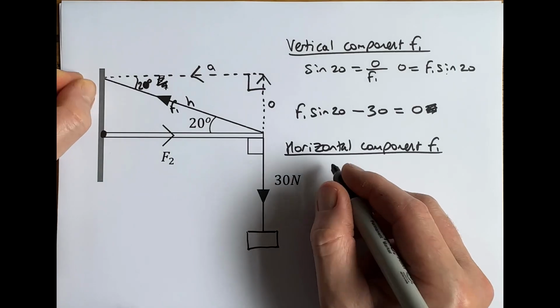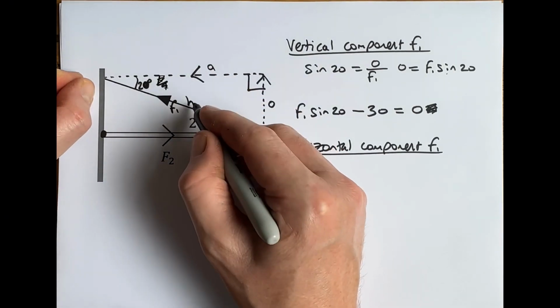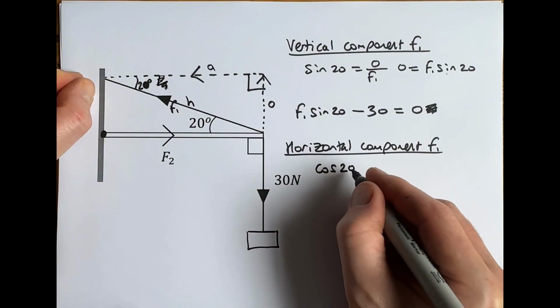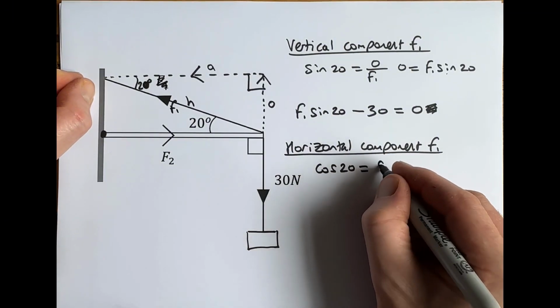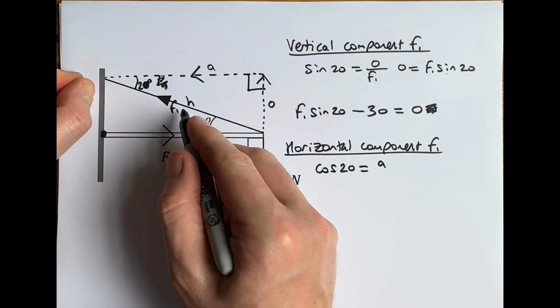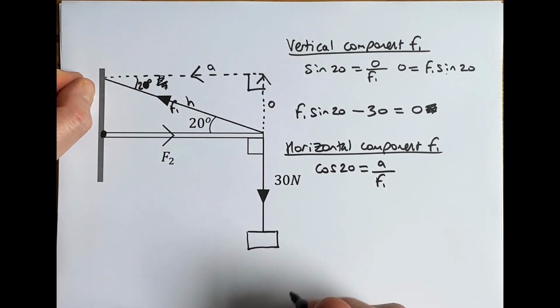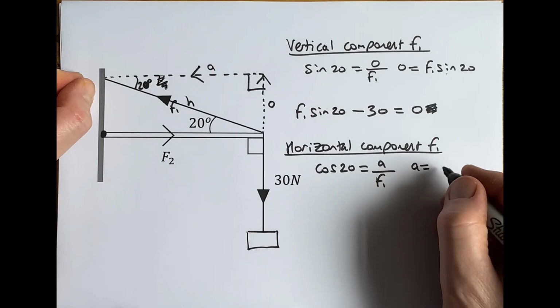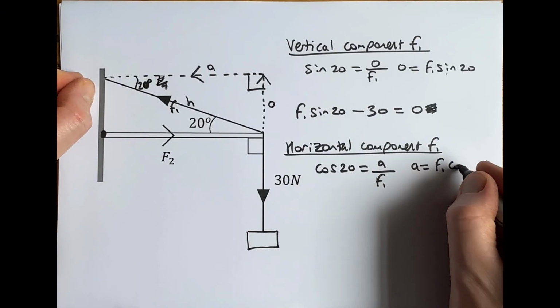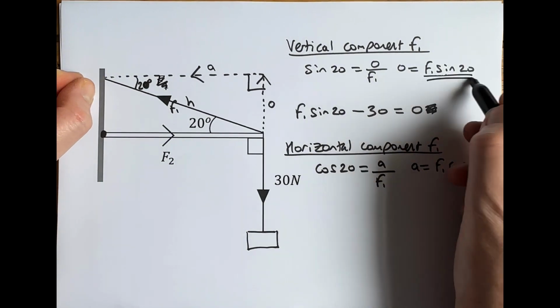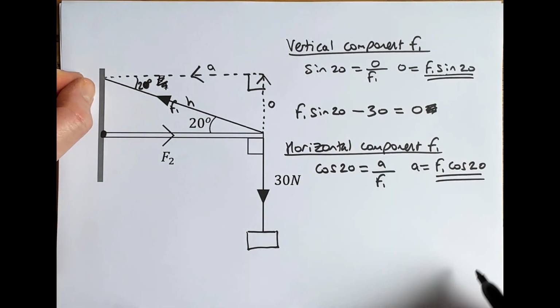So we've got adjacent and hypotenuse, so this time we're going to use cos theta, so cos of 20 is equal to the adjacent, which is our horizontal component of F1, divided by the hypotenuse, which is F1. So the adjacent, which is the thing we're looking for, is equal to F1 cos 20. Okay, so the vertical component of F1 is F1 sine 20, the horizontal component is F1 cos 20.